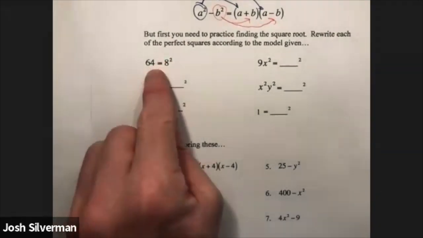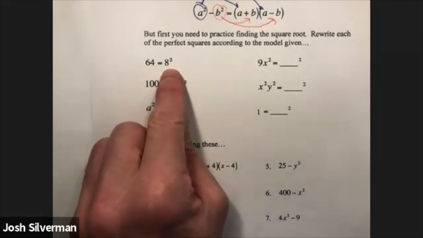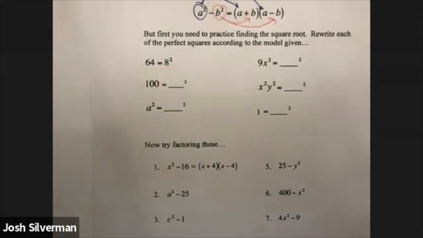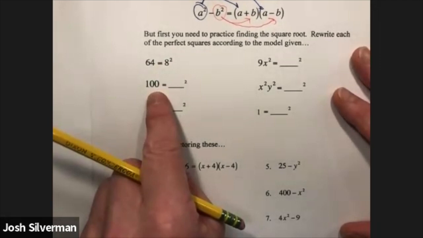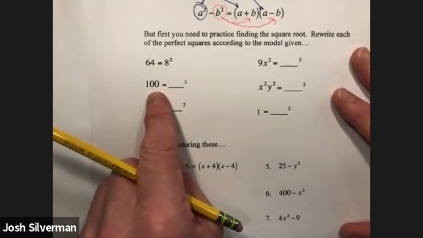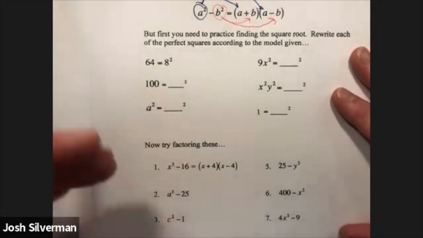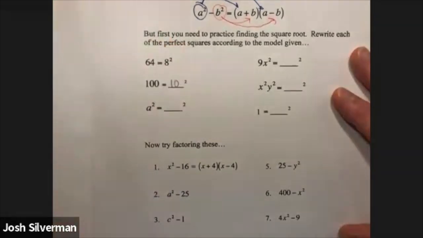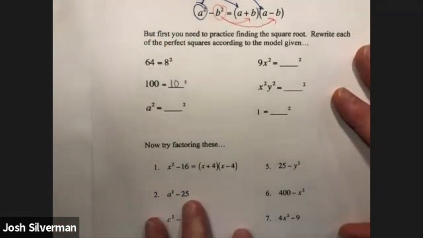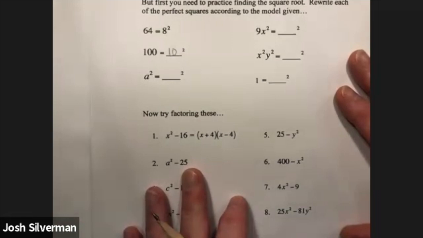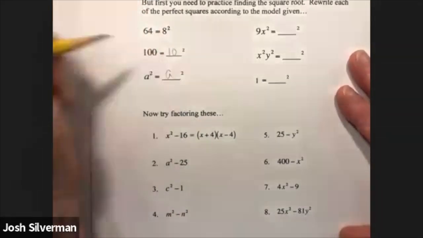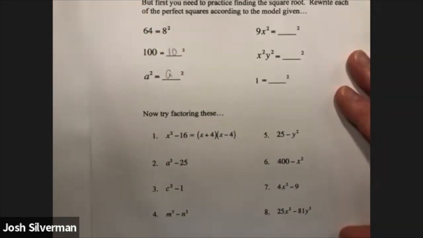I don't see 64. I see 8 squared. I don't see 100. I see 10 squared. I don't see a squared. I see a squared.